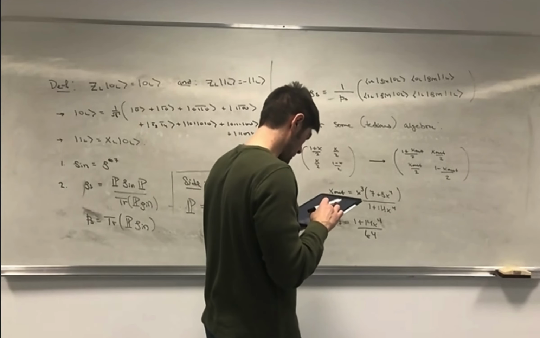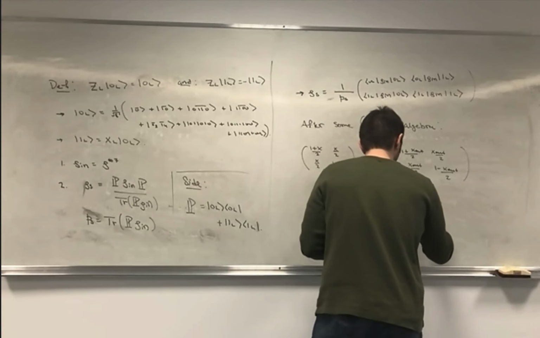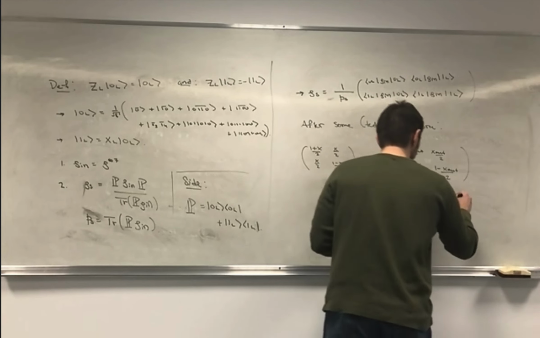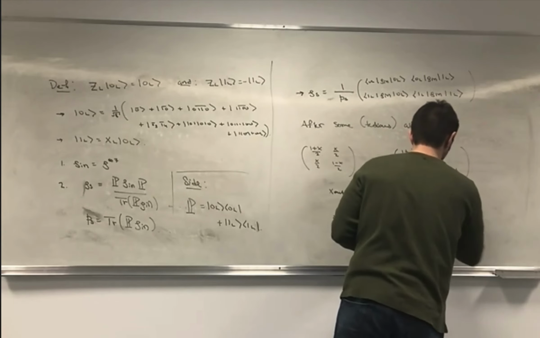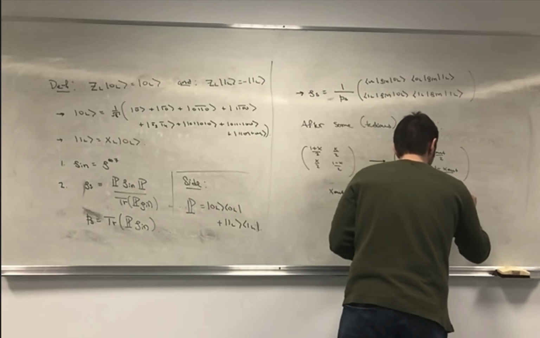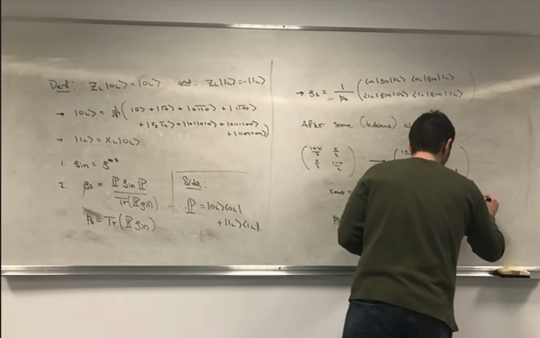Good. Okay. Again, just recall, x out equals 1 minus 2 epsilon. So we're defining epsilon out like this.